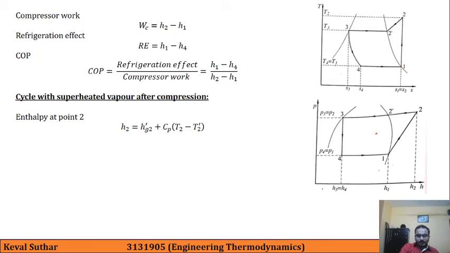The enthalpy at point 2 is given by Hg2 prime, which we first require, plus Cp delta T, that is the superheat enthalpy here. Similarly, entropy at point 2 can be obtained as Sg2 prime plus Cp ln T2 upon T2 prime.